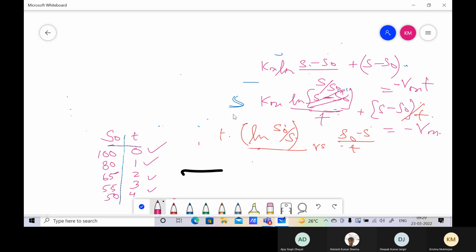So what do you think the plot will look like? What exactly are we plotting here? What is the x-axis and how will the plot look? And what will be the intercept and the slope? What is the x-axis?